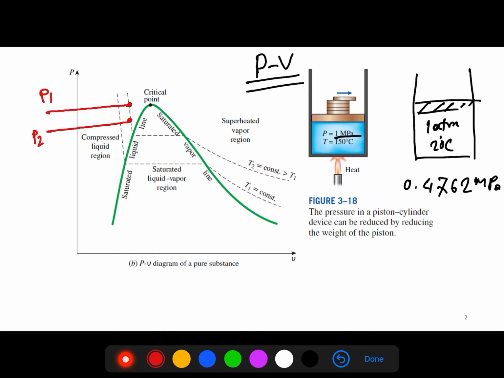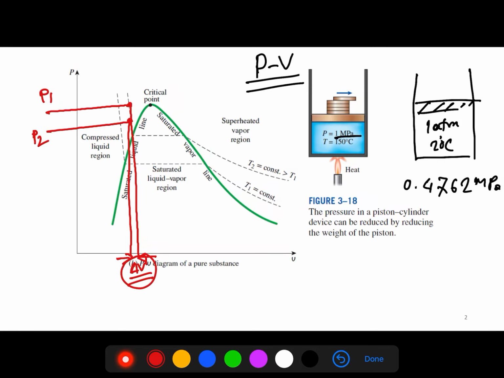Now what will be the change of the specific volume? If we draw a line like this, it's almost the same, not that much change. So this is the delta V, or the rate of this change. You can see this is a very negligible change of the specific volume for this saturated liquid region.